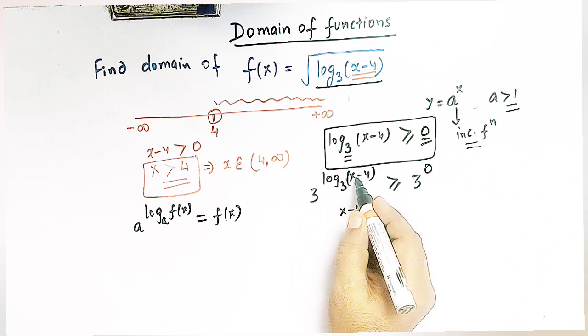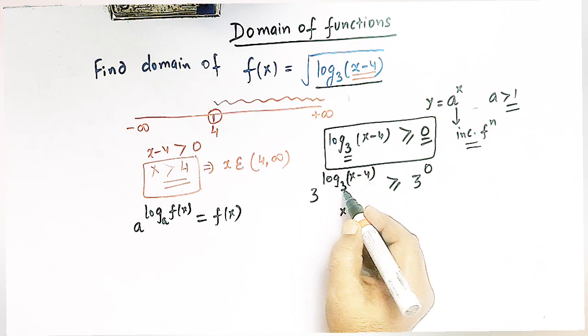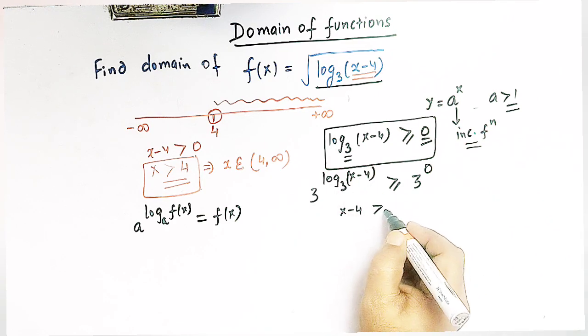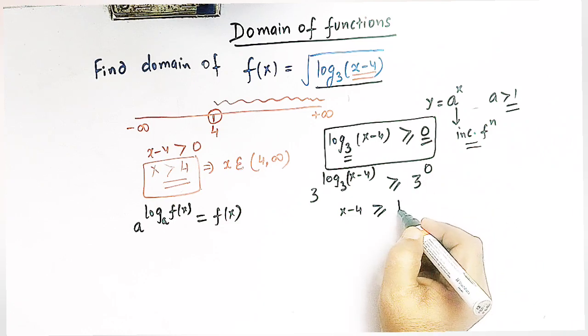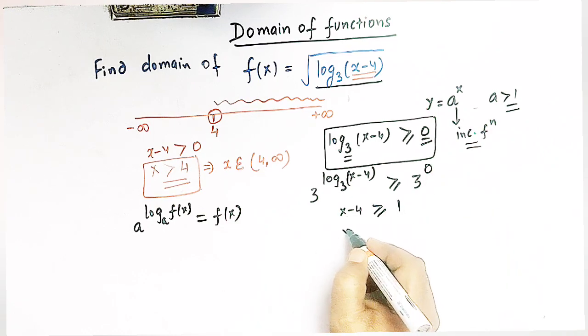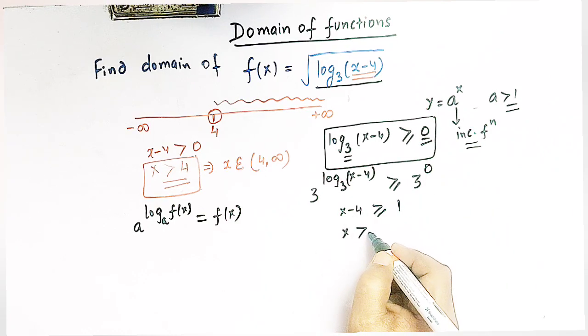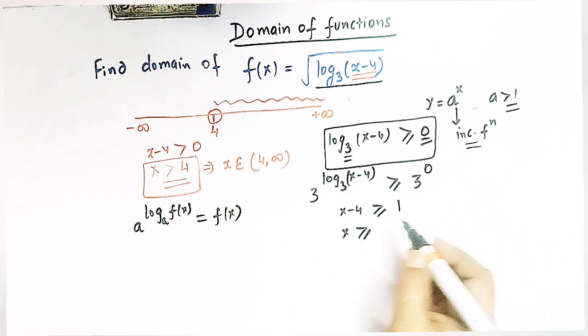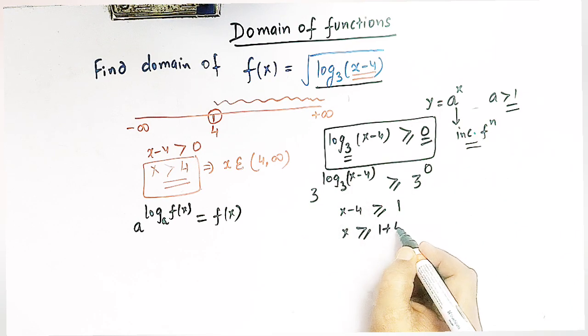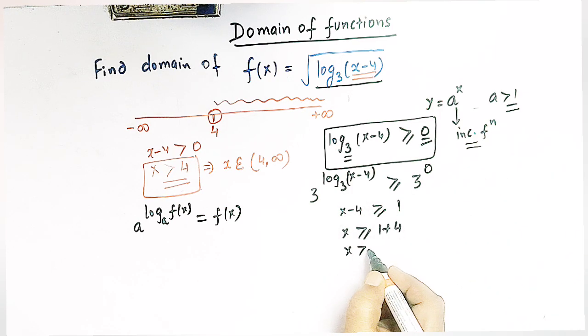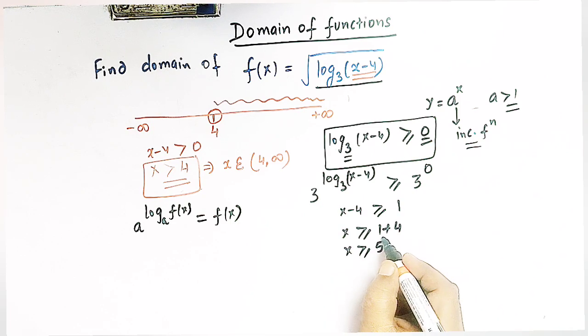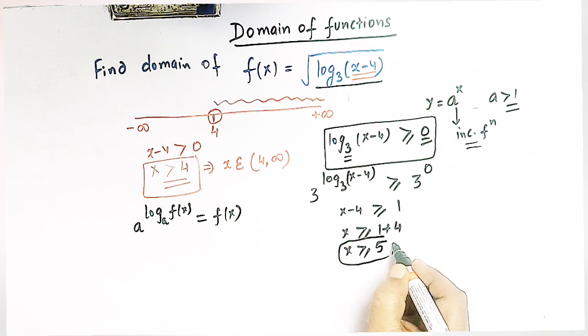So 3 raised to log of x minus 4 to the base 3 is x minus 4, and 3 raised to 0 is 1. Now we have a simple inequality, so we can take minus 4 to the right hand side, so we have 1 plus 4. So x should be greater than or equal to 5. Let us represent this inequality on this real number line.